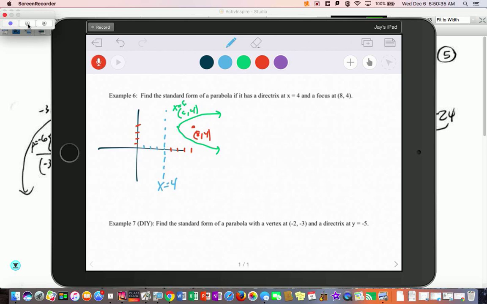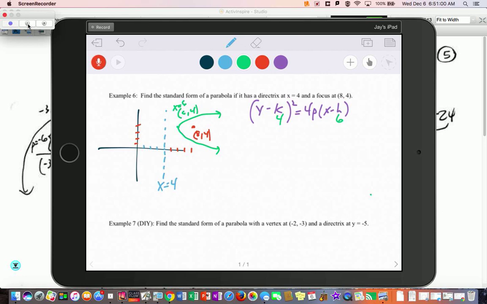And because it's sideways, now I know it's y minus k, sorry, y minus k quantity squared is equal to 4p x minus h. So when you write your vertex in, make sure you put the 6 with the h and the 4 with the k.